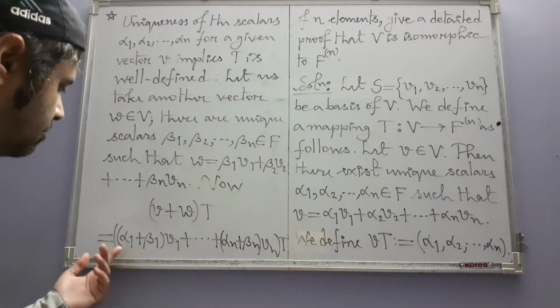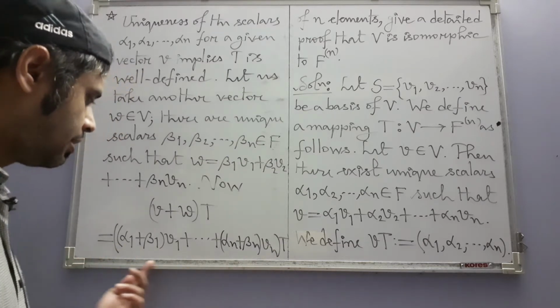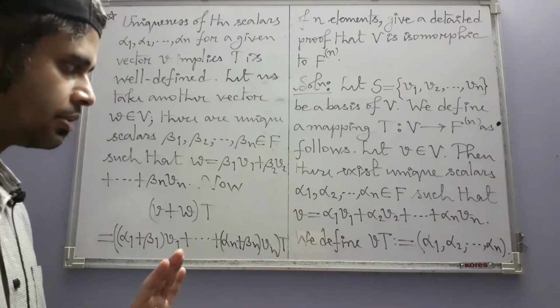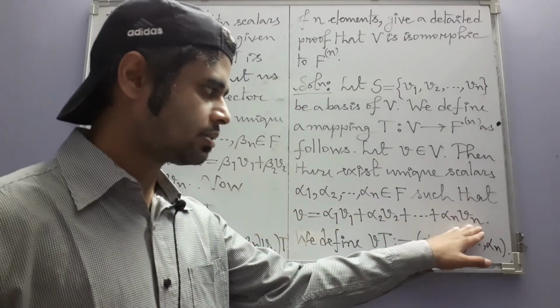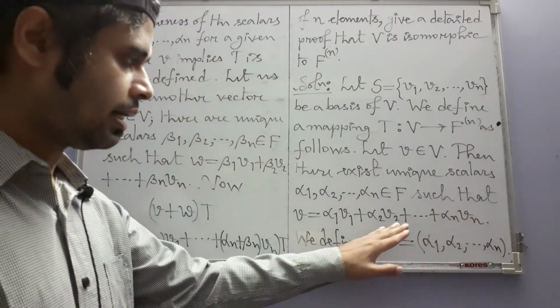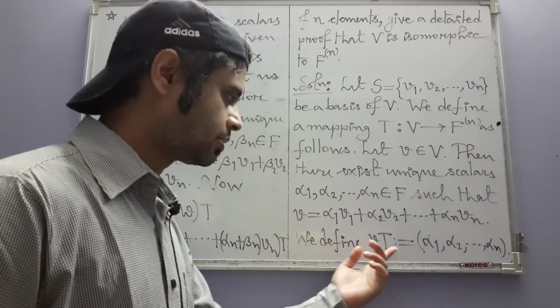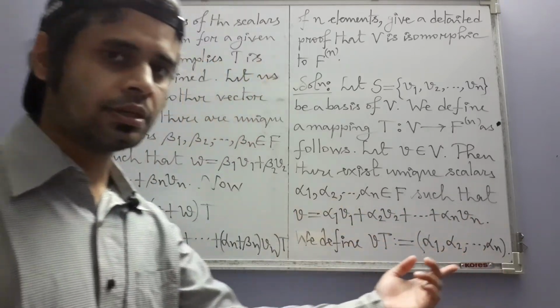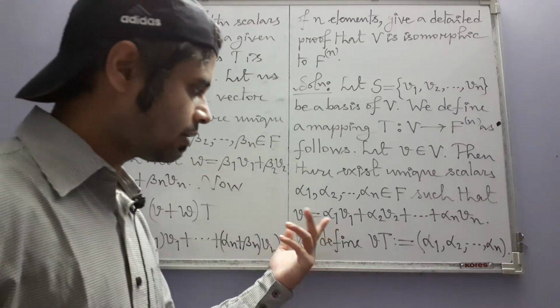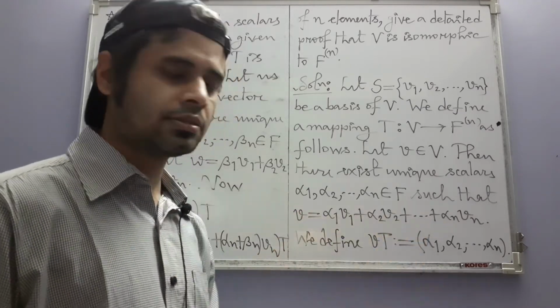Now you can see that this again is a linear combination of the basis vectors, and whenever we apply T on such a linear combination, the result is this. We don't in fact have to think about what these scalars are.